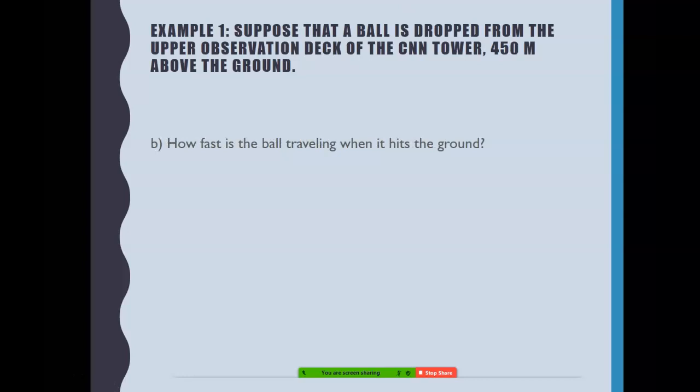And then how fast is the ball traveling when it hits the ground? In order to determine how fast the ball is traveling when it hits the ground, I need to know the time that it hits the ground.